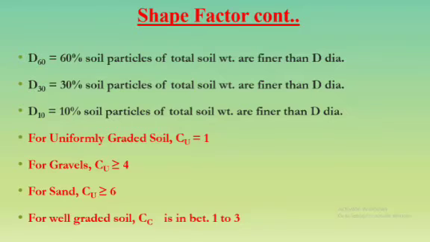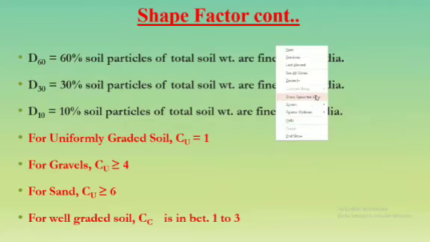So d60 means 60% of soil particles of the total soil weight are finer than this d diameter. Okay, so 60% of soil particles are smaller than this d diameter.